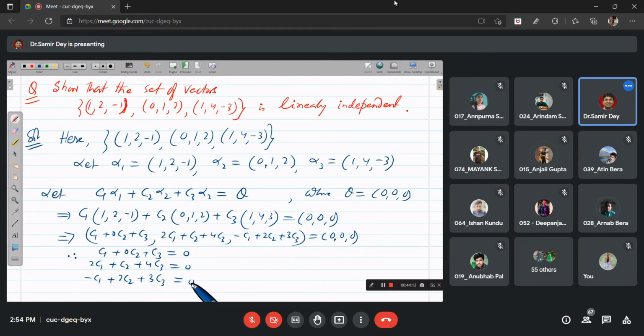Okay. Now can anyone tell me what type of equation you have? Homogeneous. Okay. Now if we take the next page, it will be better for us.